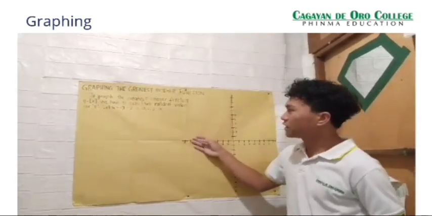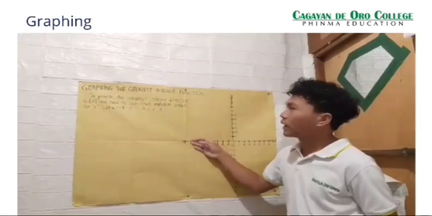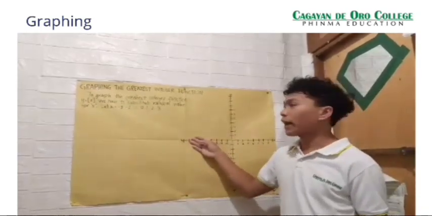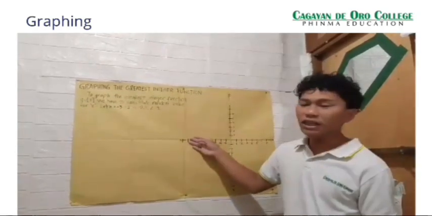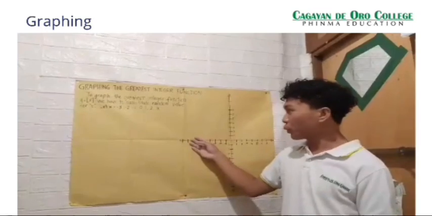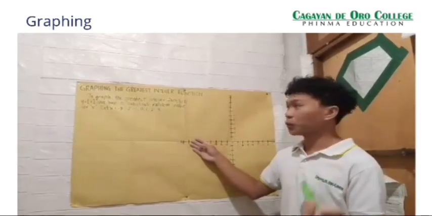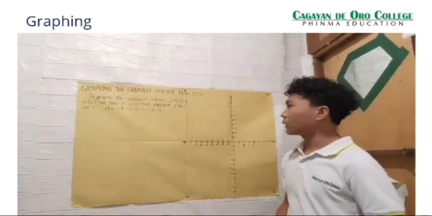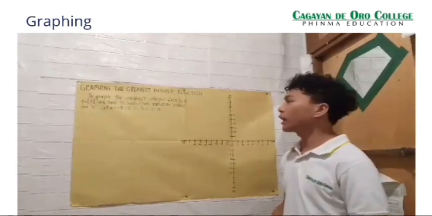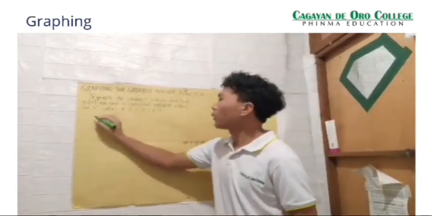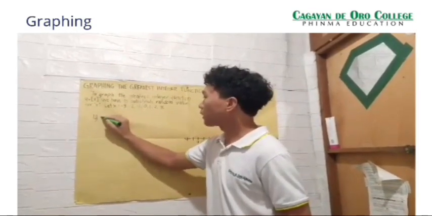To graph the greatest integer function y of x, we have to substitute random values for x, where x is equal to negative 3, negative 2, negative 1, 0, 1, 2, and 3. So what we're doing now is we're just going to substitute the value of x from our formula.